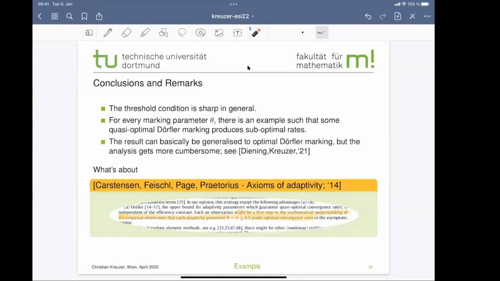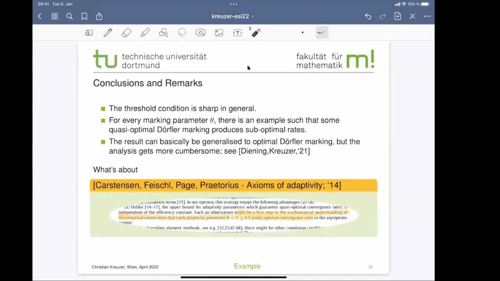So I don't have a complete answer to that. The only thing I can say is, as long as you stick to these axioms, there is no chance to prove it. So either you have to extend this or even go to a different framework.